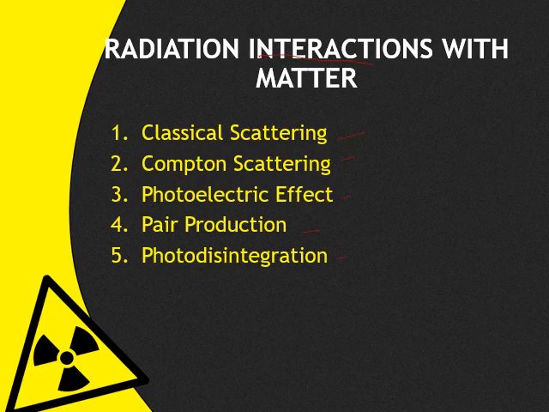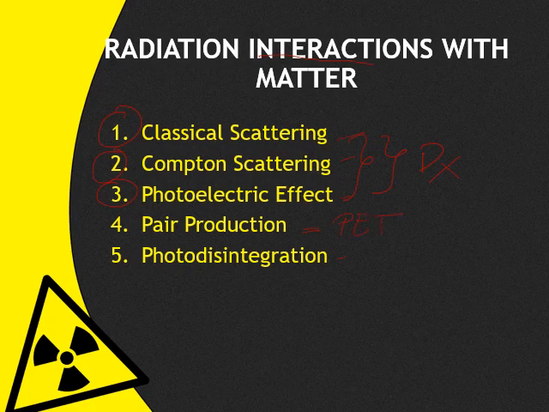So please remember that these 3, the classical, Compton, and photoelectric effect, are the ones that usually occur in diagnostic imaging. Pair production is very important, especially in the field of positron emission tomography.